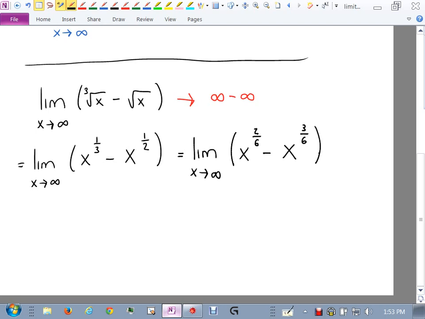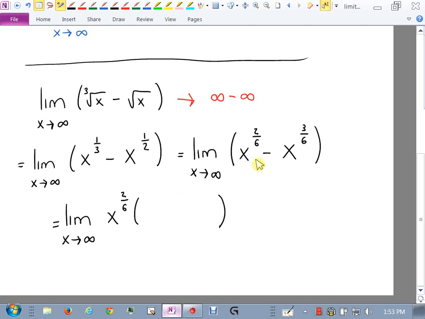Now, why am I doing this? Trying to find something in common with both of these. I think the best way to explain it is to show you. If I pulled out an x to the 2/6, what would I have?